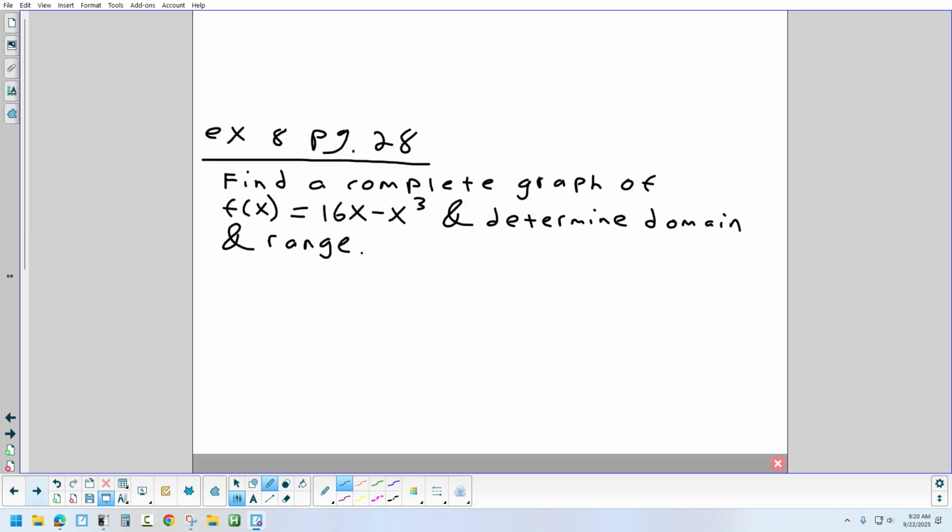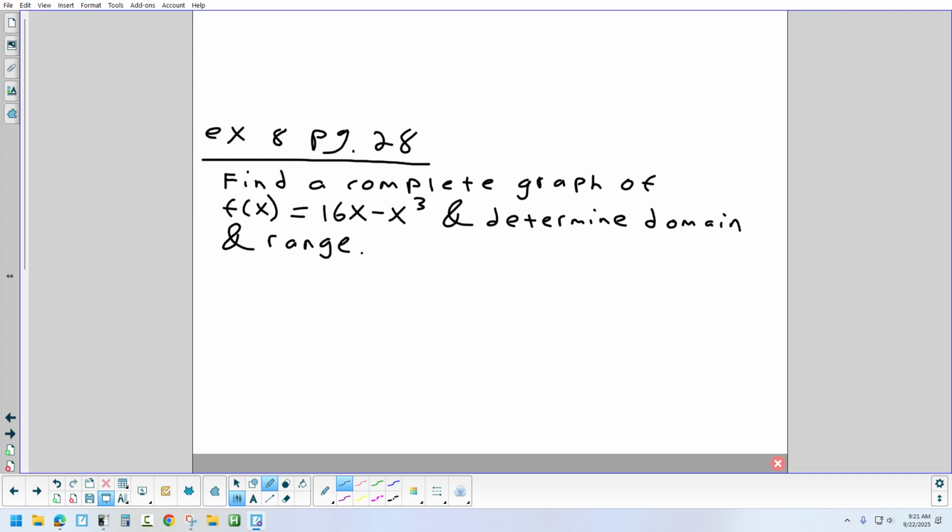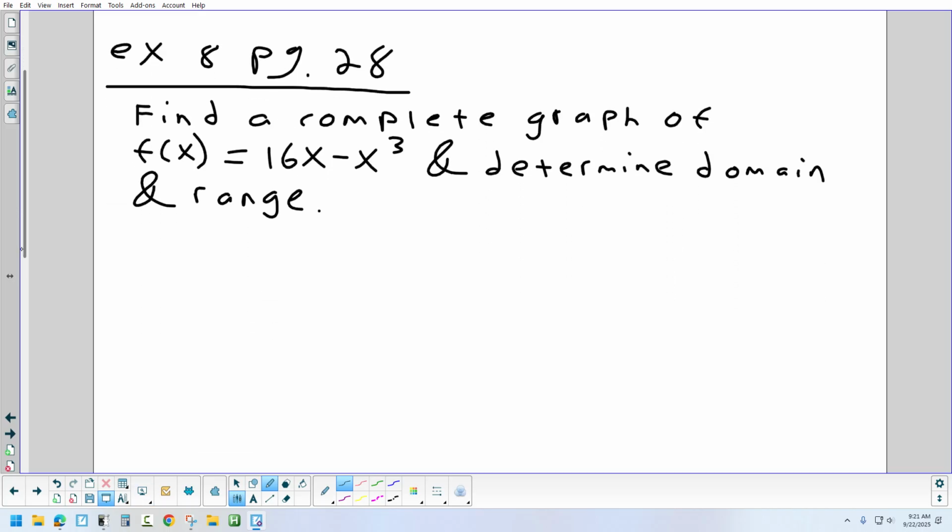All right, so this one, let's see. Find a complete graph. They want a window, and then determine the domain and the range. So 16x minus x cubed. Before I even graph it, I'm going to do the domain.